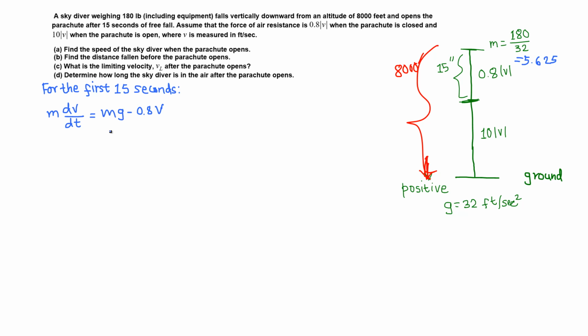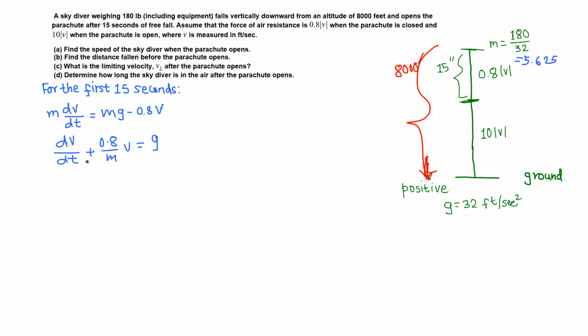Bring this v to the left side: dv over dt plus 0.8 over m v equals g, which is 32.